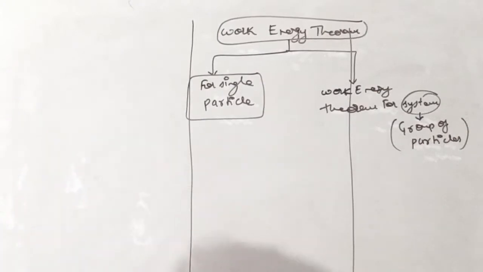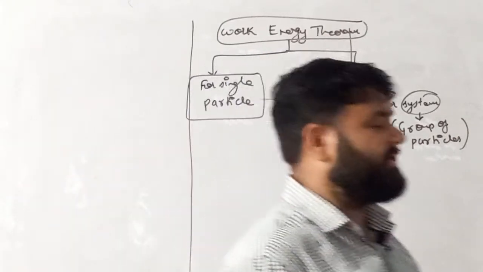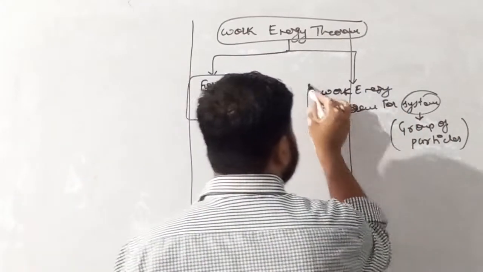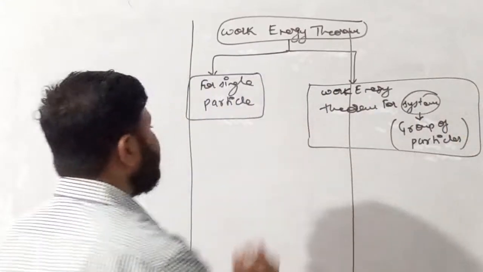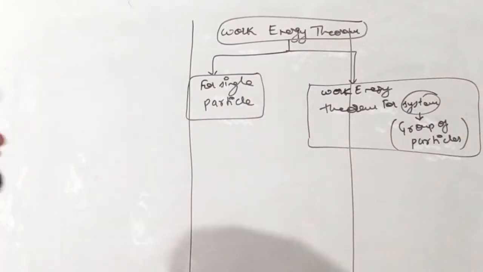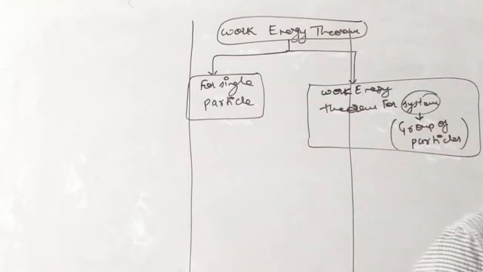So remember, my dear student, the work energy theorem is classified separately for a single particle and for more than one particle. Remember this. One is the work energy theorem for a single particle and second is the work energy theorem for a group of particles, which is also called a system.